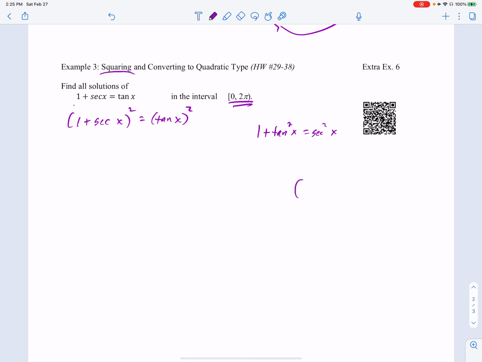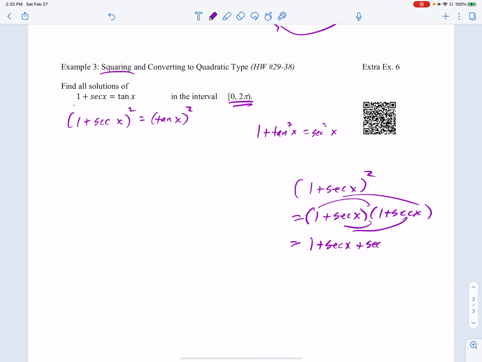And also when I square 1 plus secant of x squared, that means foiling 1 plus secant of x times 1 plus secant of x. And if I distribute my 1, I get a 1 plus secant x. If I distribute the secant, I get another secant x plus secant squared x. When I square that, I get 1 plus 2 secant x plus secant squared x.